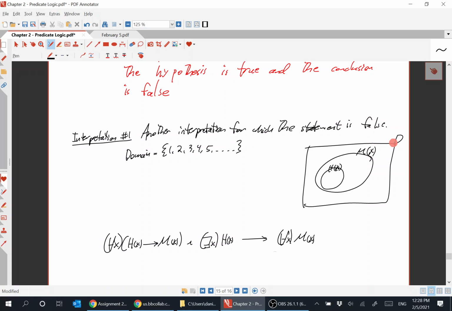All right, this D, domain D, that's all the integers. M is just some subset of the positive integers, and H is some subset of the integers satisfying M. Come on, we can come up with one.